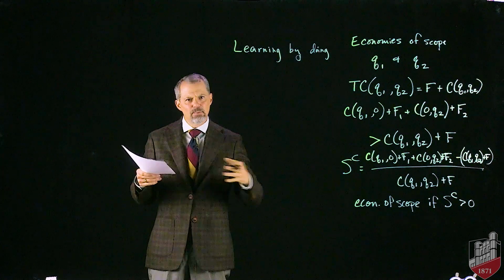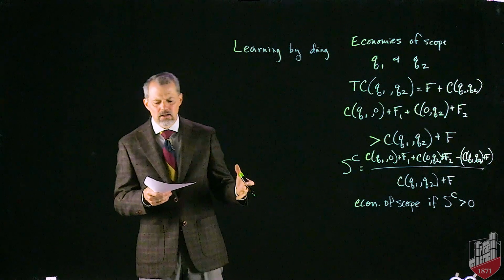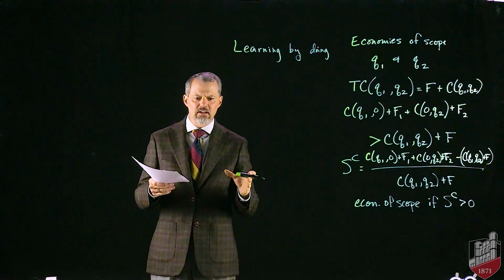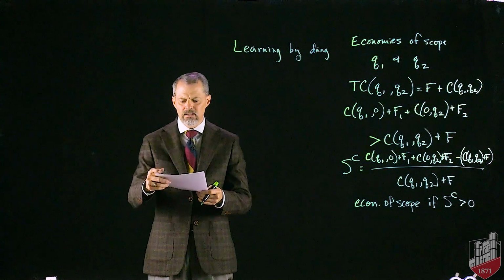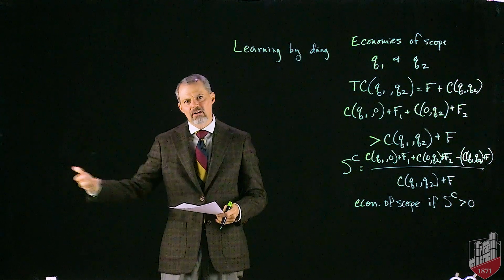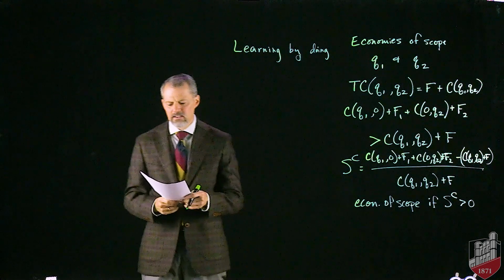So how much output has the firm produced up to this point? The more a firm has produced up to a particular point, the more concentrated an industry can be, because it provides an advantage to the firms that were there at the beginning, the early entrants into the industry.